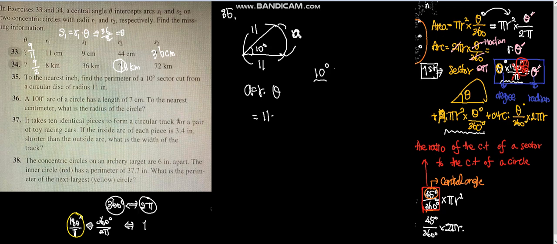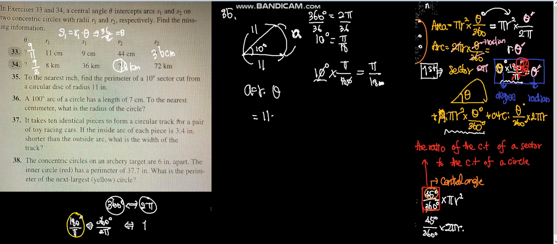You simply multiply by pi over 180, then you get pi over 18. If you do not want to memorize this, 360 degrees is 2 pi, then you just divide both by 36. Therefore, it's pi over 18.